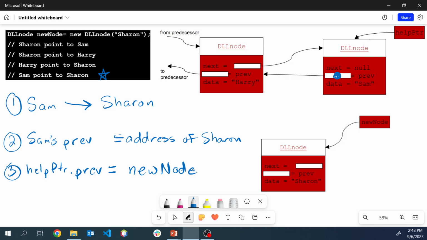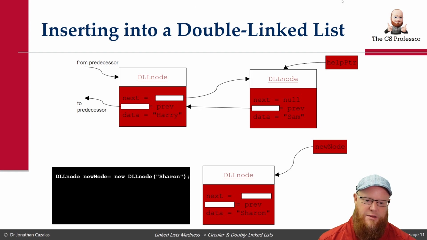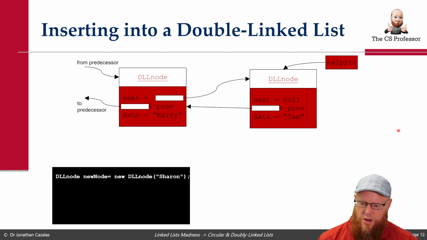So that's a more detailed explanation of what each one of these actual comment lines are doing. Now we can actually see on the slides, step by step, what the code is actually doing as well. So here, once again on the slide, we're going to make our new node with just Sharon.